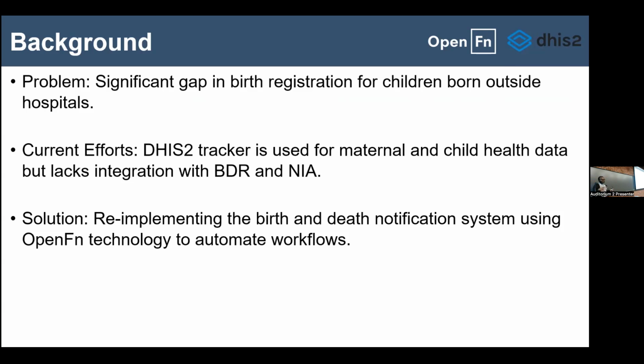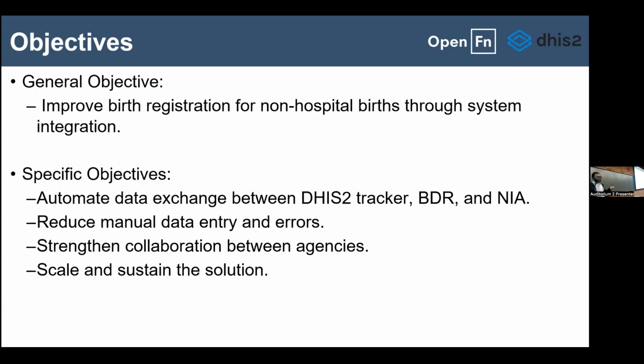So we have integrated Tracker with the national ID system, and then the birth and death registry system. And OpenFN is the plumbing that actually allowed us to achieve all these flows. So basically, what Alaska was explaining to you, some of the examples, some of the snapshots were the implementations that we did to let all these things come into play.